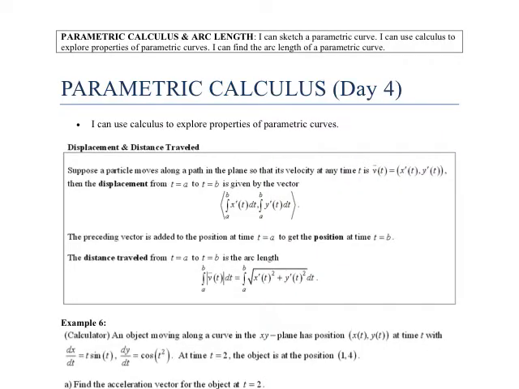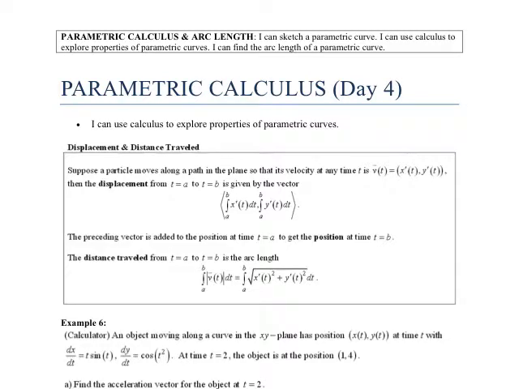All right, so today we're going to explore displacement and total distance traveled. This requires us to be using integral expressions to do our calculations. We should be familiar with taking derivatives as well, but the key piece that we're looking at is, you can kind of think of this as integral of net change.